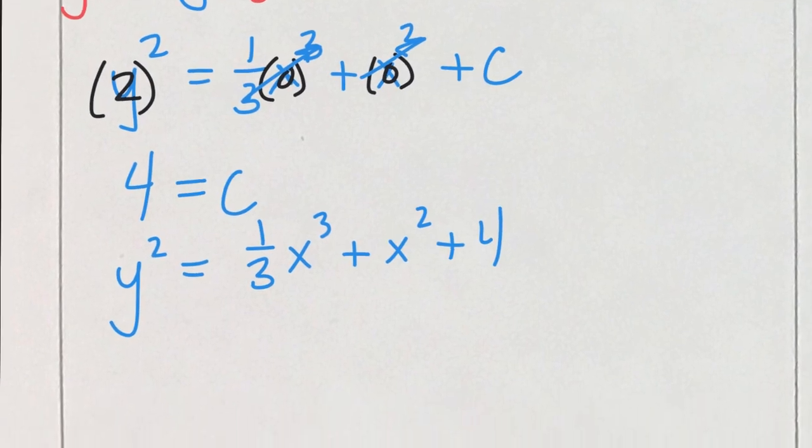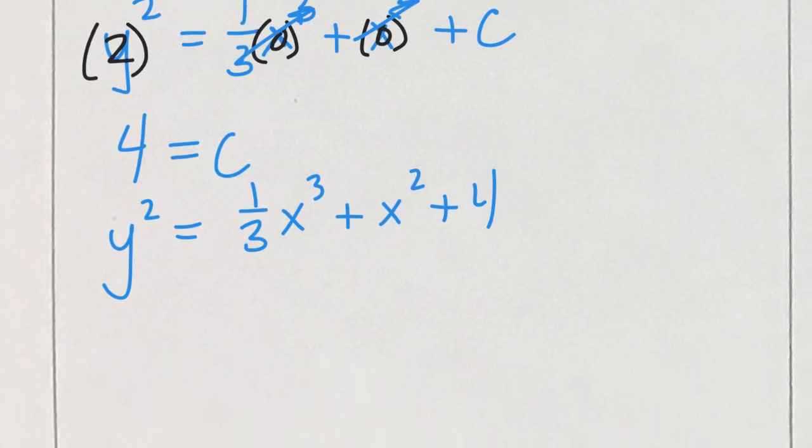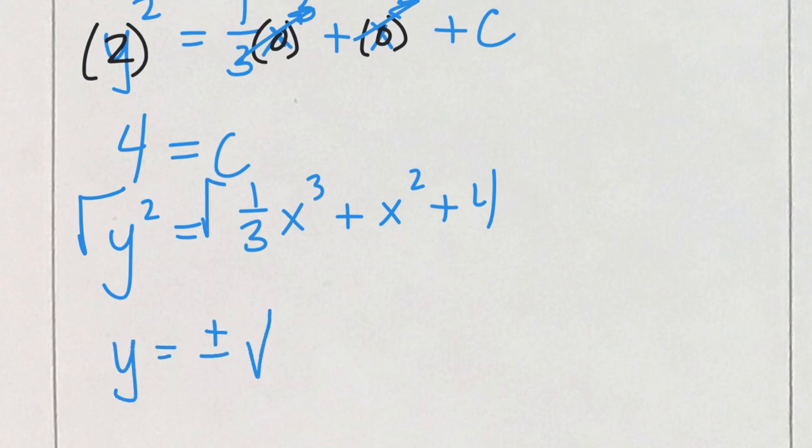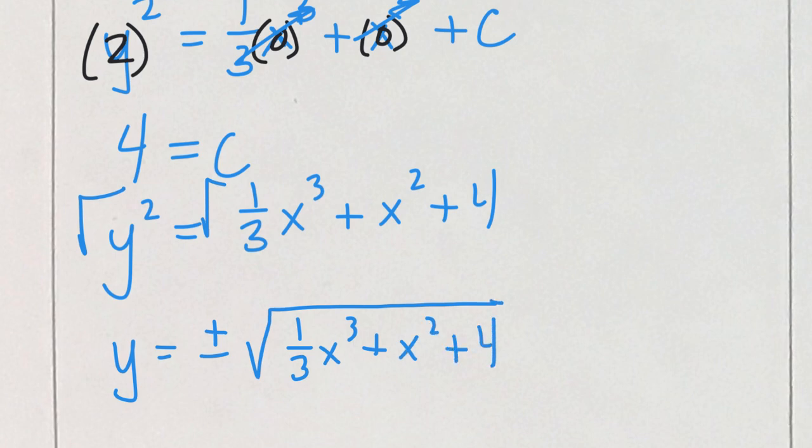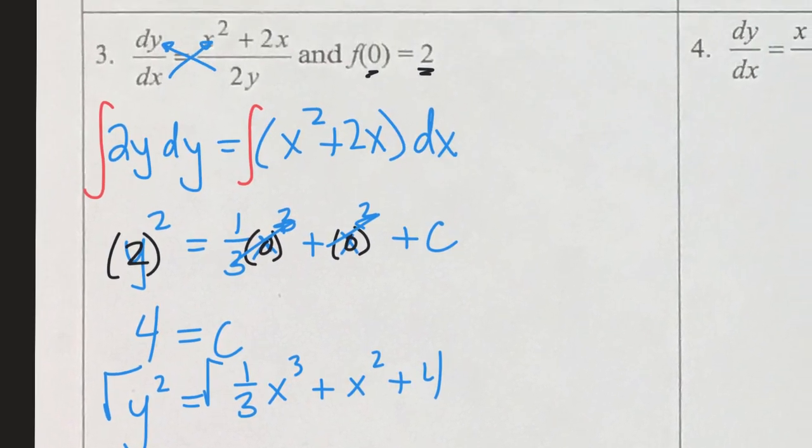Okay, so there's one more step now, because I have y to the second power, which is to square root both sides. And in algebra, when you square root things, you get positives and negatives. So here's where we're going to have to make a choice. Remember, based upon your initial condition, when x was 0, y was 2.